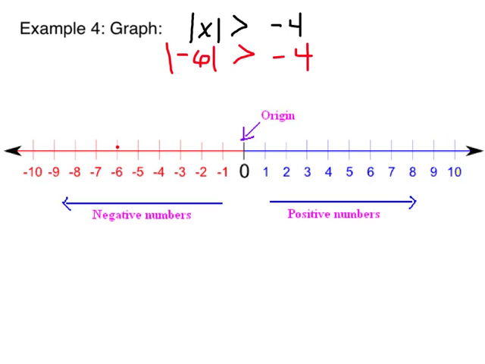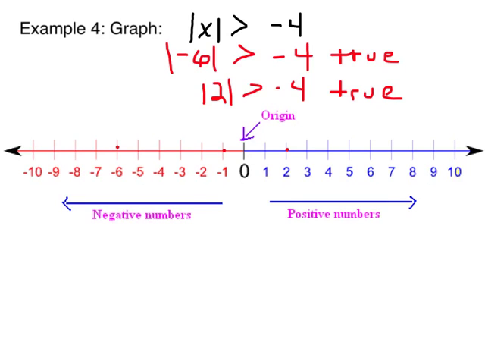Alright, let's try saying that the absolute value of 2 is greater than negative 4. Also a true statement. So no matter where we go on the number line, it's going to be a true statement.